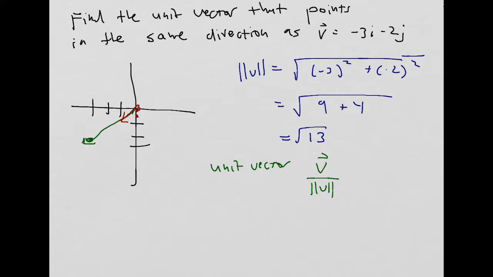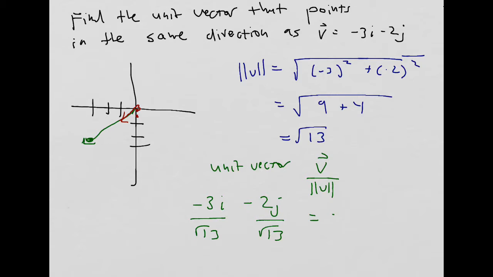So the unit vector is we take negative 3i minus 2j. Remember, this is vector v, but we have to divide it by the magnitude. So each of these components, the horizontal and vertical components, should be divided by radical 13. Let's clean it up a little bit.